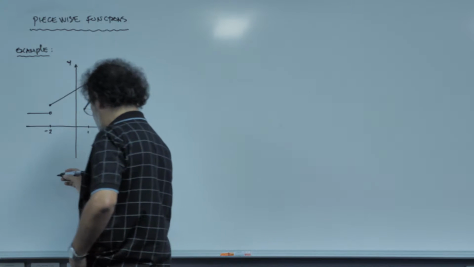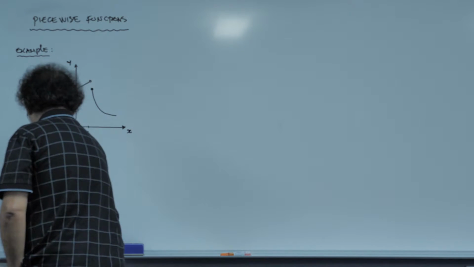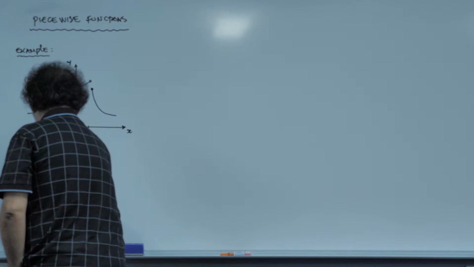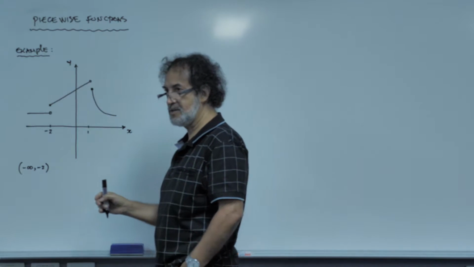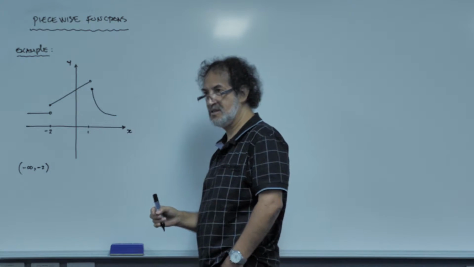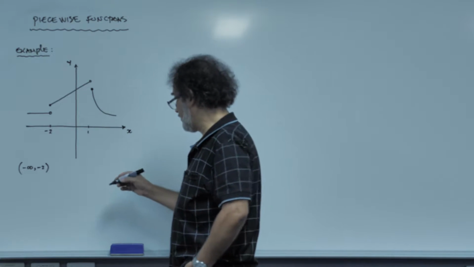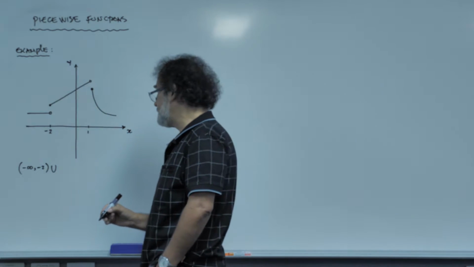Okay, and then we can even describe this. So we can say this is going to be from -infinity to -2. Like that. So that is the first section of this function. Okay, and then we're going to put the union symbol.